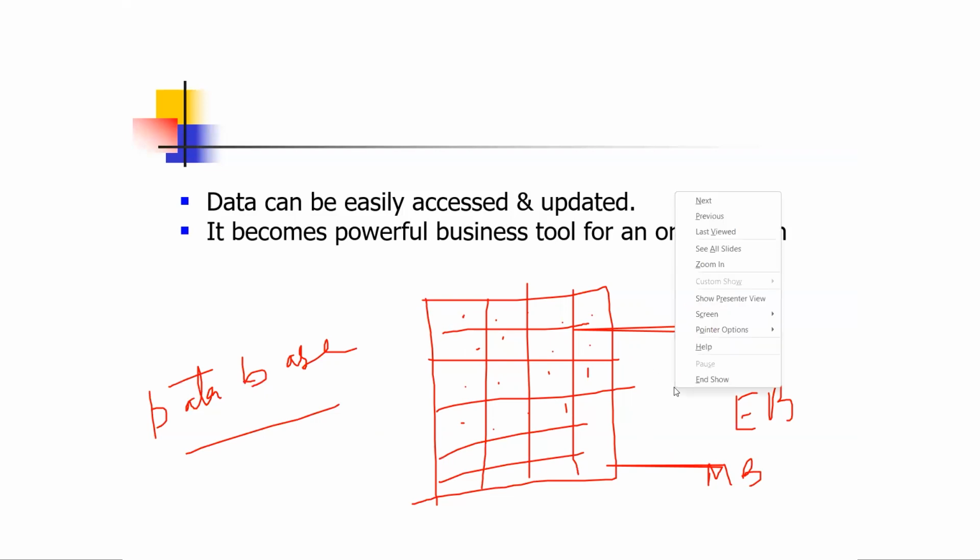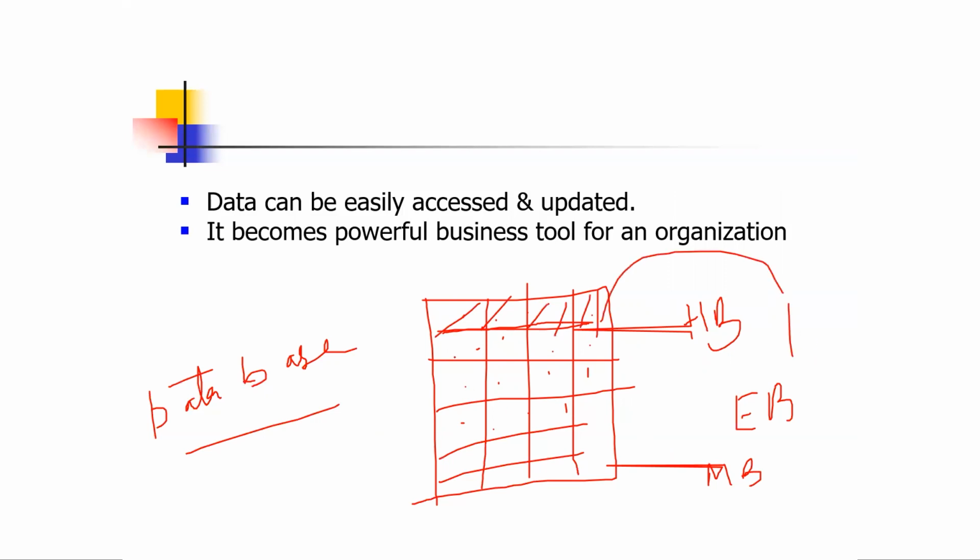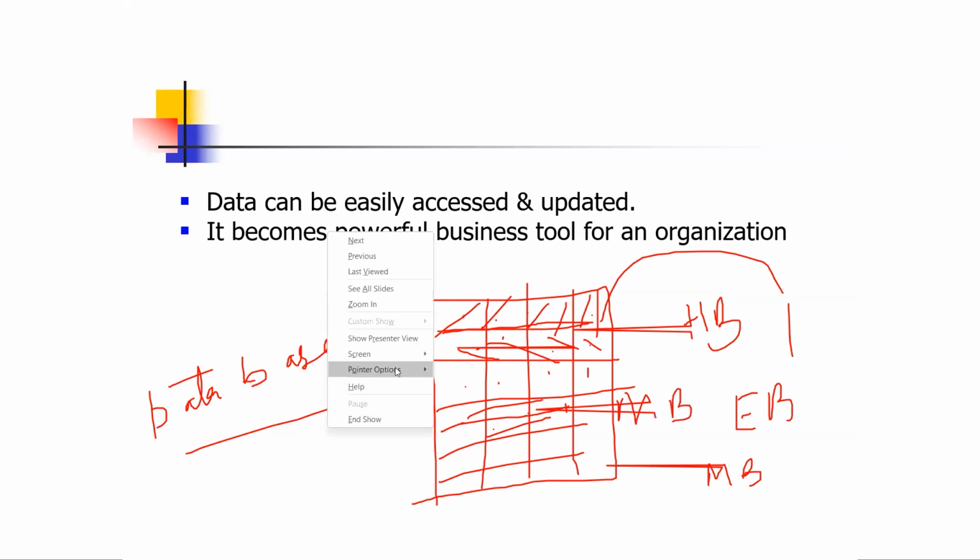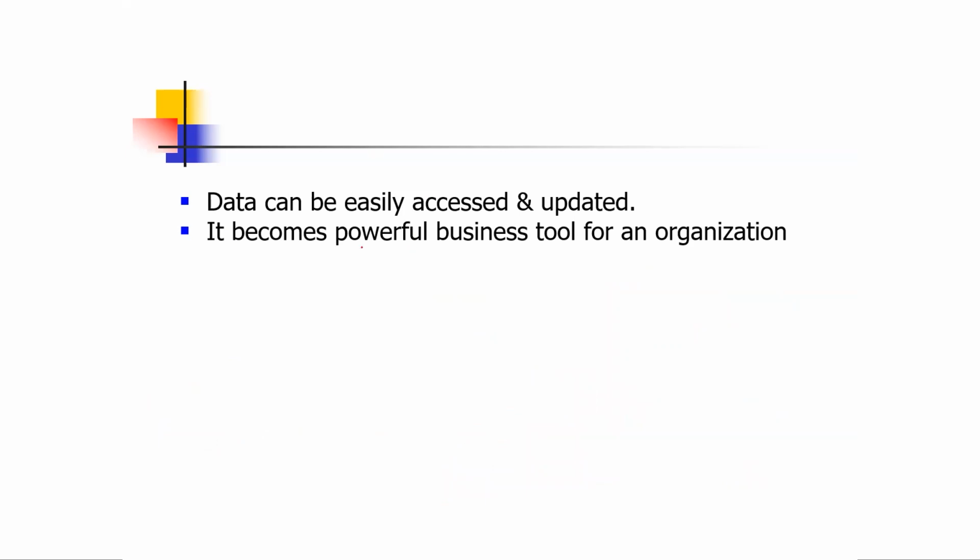But if I know that this particular column is for engineering books, this one is for non-technical books, and this one is for medical books, then it is easy for me to search. So a database is an organized collection of data; in organized form it is easily accessible and updated.